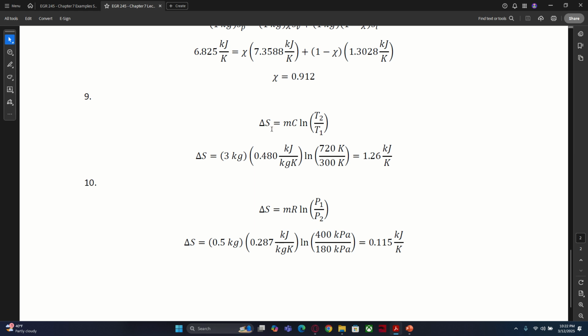In general, the change in entropy is the mass times the heat capacity times the natural log of the final temperature over the initial temperature. So we're given all those values. Change in entropy equals 3 kilograms times 0.480 kilojoules per kilogram Kelvin times the natural logarithm of 720 Kelvin over 300 Kelvin. That gets us to 1.26 kilojoules per Kelvin for our change in entropy.